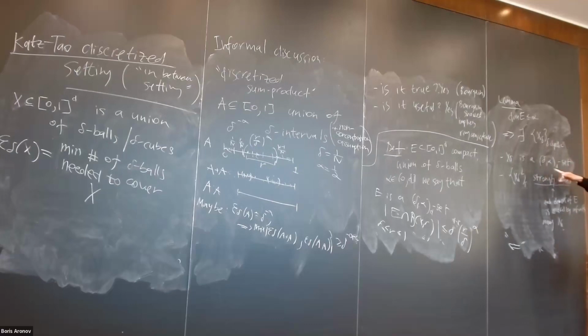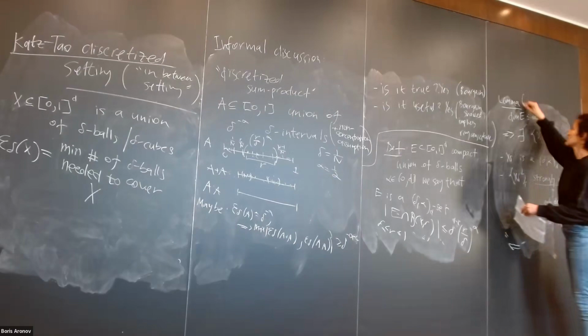It doesn't have to be a delta-alpha set, only to be covered. I don't want to say it precisely because I don't want to lose time. In some sense you will need fewer requirements, but instead of alpha you will need alpha minus epsilon. So this is the lemma of Pascal.